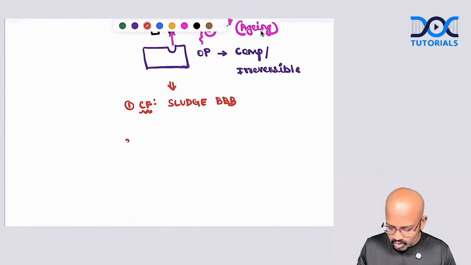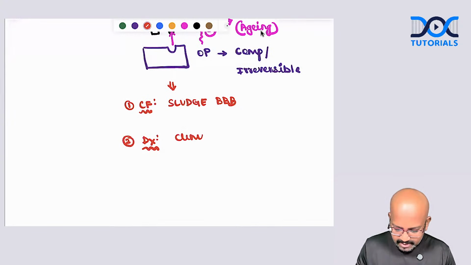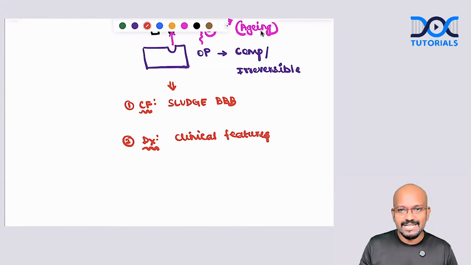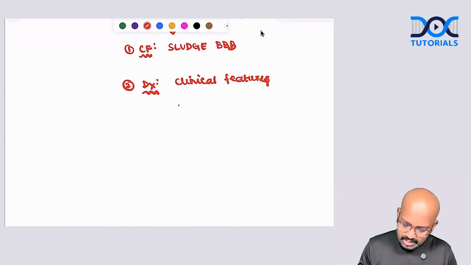The second one, how do we diagnose a case of organophosphorus compounds? Mostly it is based on clinical features, my dears. Mostly the diagnosis of a patient suffering from organophosphorus compounds poisoning is based on clinical features. But if a question is being asked, which clinical investigation, which laboratory investigation can be done for diagnosing a patient with organophosphorus compound, the answer is going to be RBC acetylcholinesterase activity.